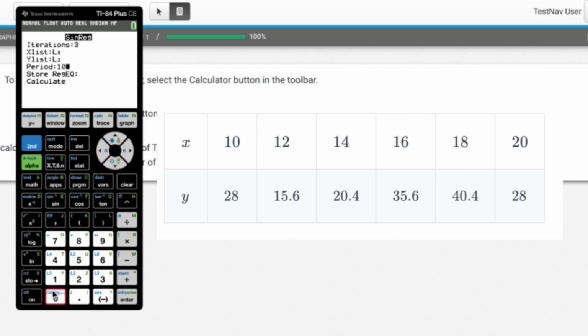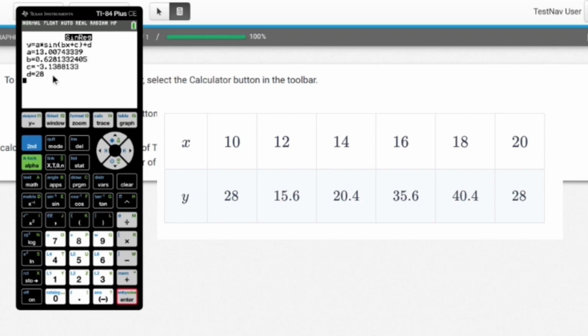So I just figured that out. And I should be able to calculate. And we get the equation y equals 13.007 sine 0.628x minus 3.139, close the parentheses, plus 28.